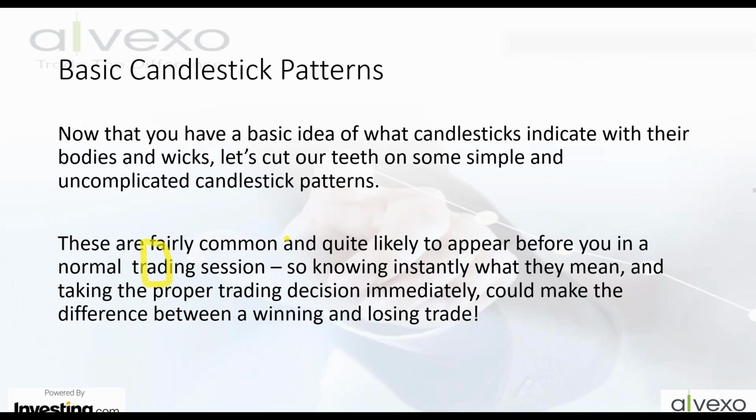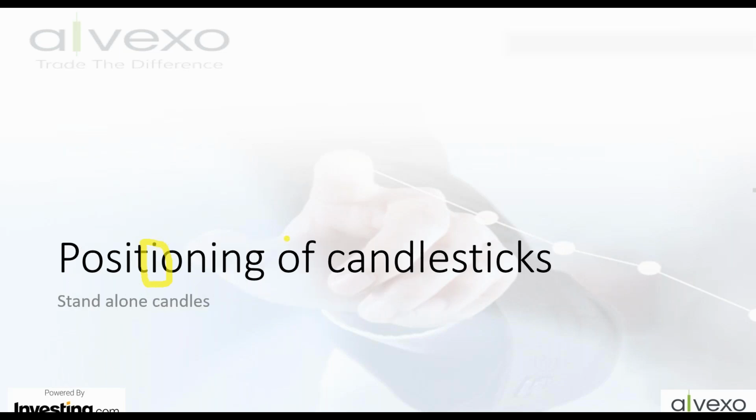Now that you've had some basic idea of what candles indicate with their bodies and wicks, let's cut our teeth on some uncomplicated candlestick patterns. These are fairly common and quite likely to appear before you in a normal trading session. So knowing instantly what they mean and taking the proper trading decision immediately could make the difference between a winning and losing trade.